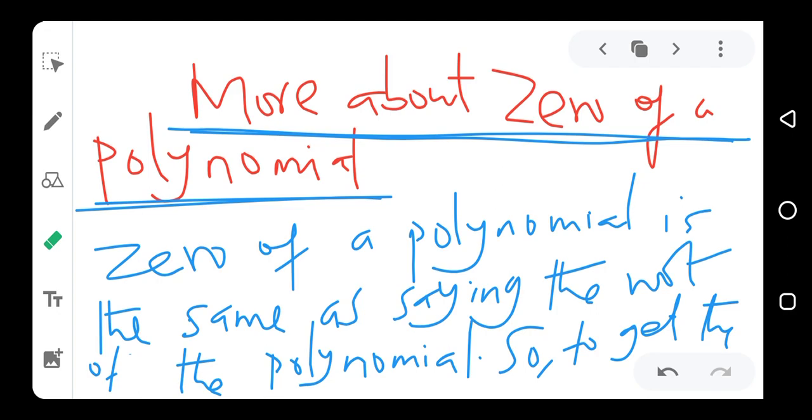But if you are not given the root and you are asked to find the zero of the polynomial, it simply means that you should factorize to get the root of the polynomial. So somebody telling you to find the zero of a polynomial is the same as asking you to find the root of the polynomial.